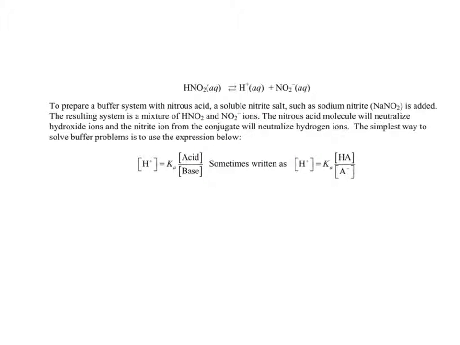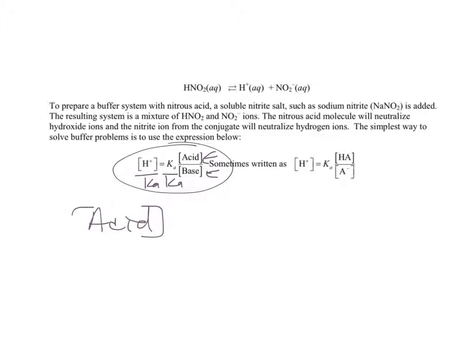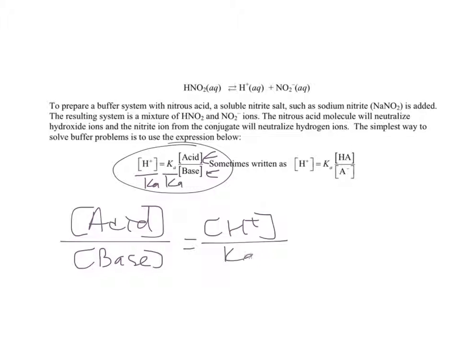So here we go. Let's rearrange this equation here just to solve for the ratio of our acid to base. And again, this is something that they showed us how to do. I'm going to divide by Ka both sides. So I'm going to find whatever my ratio is of acid to base, and that's going to be determined by my hydrogen ion concentration, which I can get from pH, and then my Ka, which I'm already given because it is a constant.